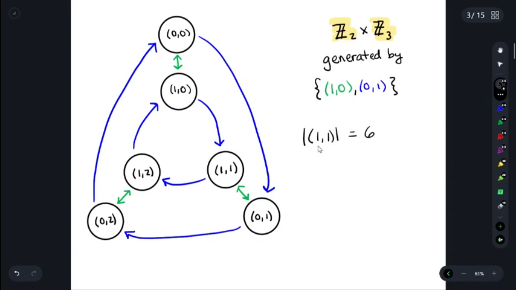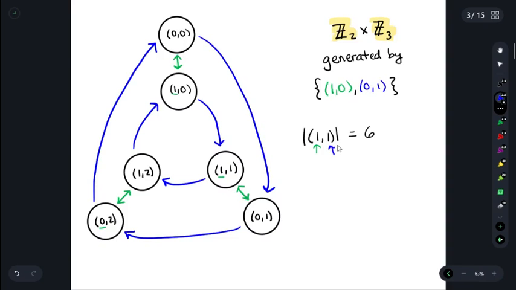So the first part of (1, 1) is in Z2, and every other time it's going from 1 to 0: green, blue, back to 0, green, blue, back to 1. So it's cycling between 0 and 1 each time we add (1, 1).